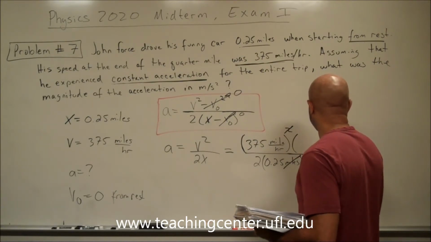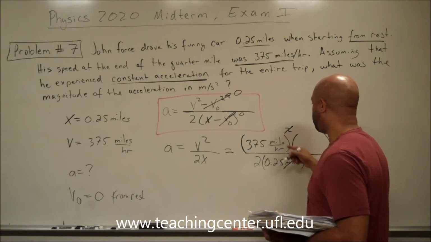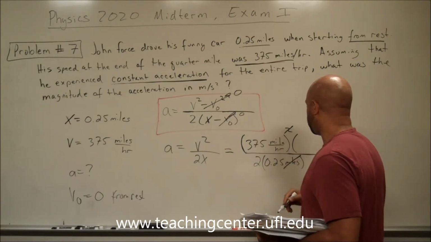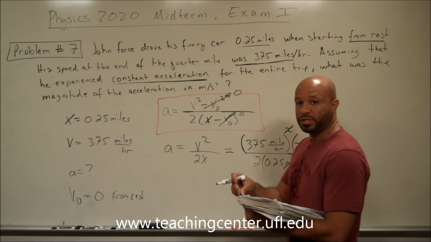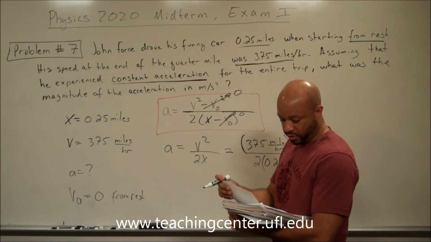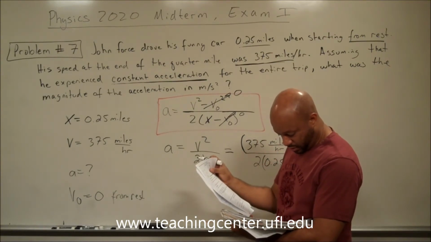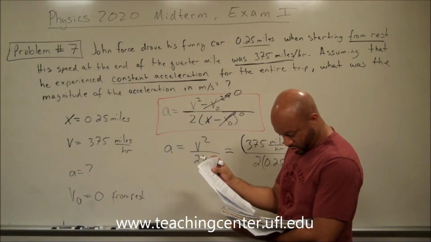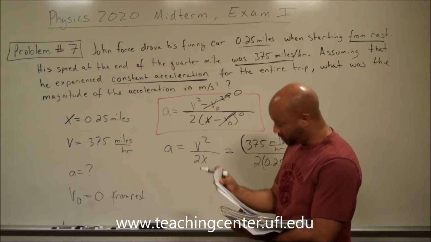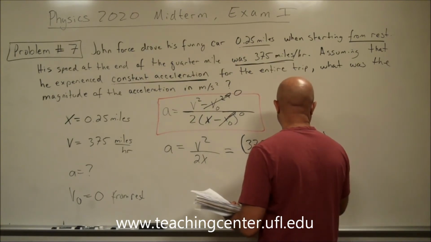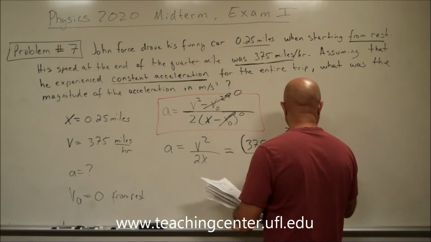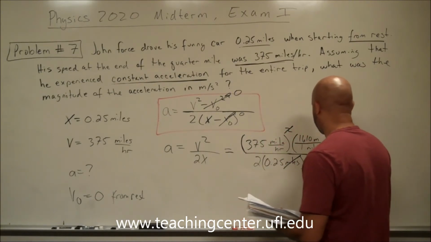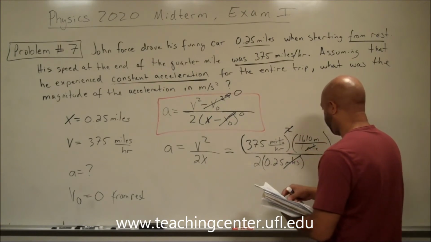Okay? But we need to basically cancel out the miles because we want meters per second squared. And so we can use our conversions from the formula sheet, and we know that in 1 mile there's 1,610 meters, so that will cancel that out.